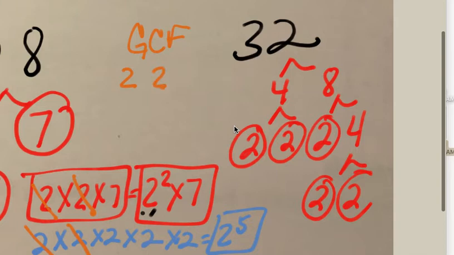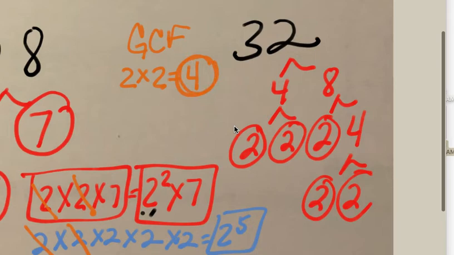I can add another 2. Now I have a 7 up here, but I do not have a 7 down below. And I have 3 2's here, but no more 2's here. So I am actually done. And I can do 2 times 2, which is 4, and that would be my greatest common factor.